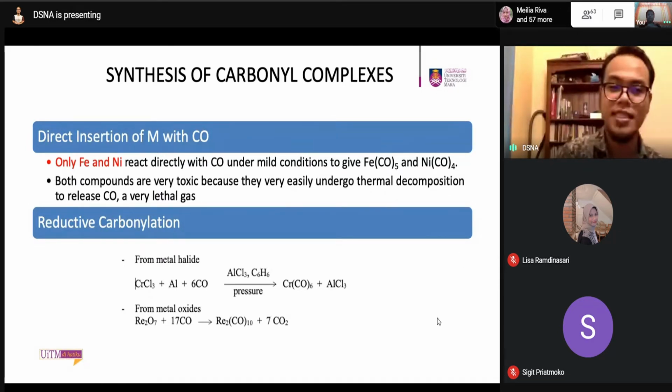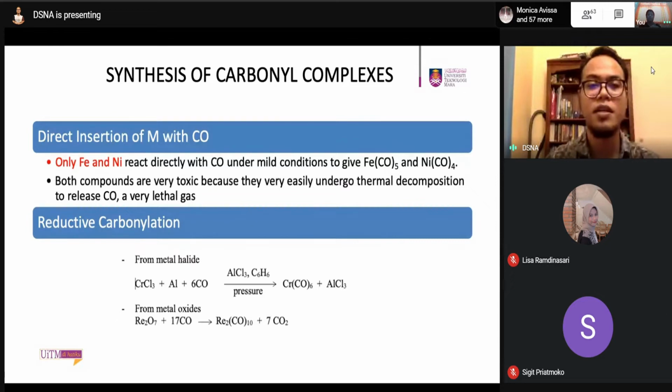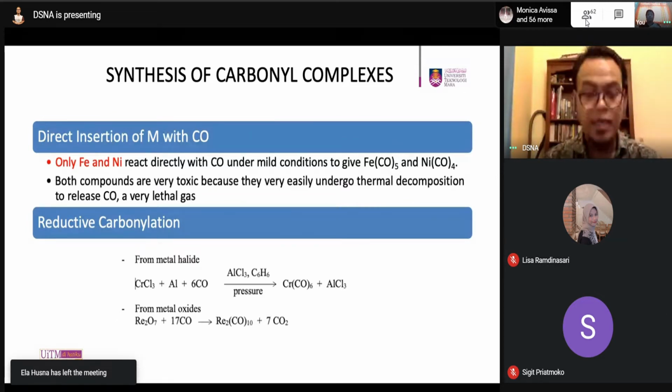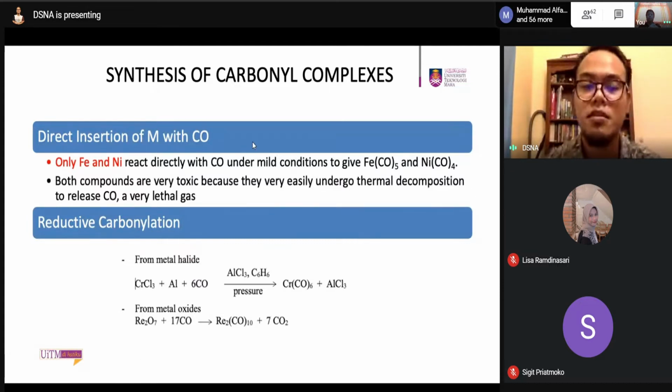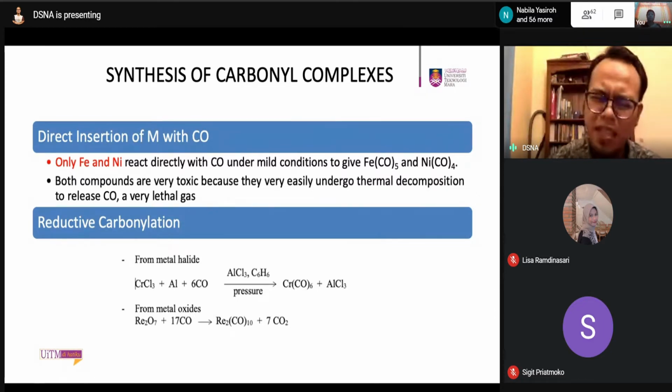Now the first one is direct insertion of metal with carbon monoxide. Only iron and nickel can do this. If you try with something else, like vanadium or scandium, it will be a little bit tricky and tedious. You might not get your carbonyl complexes. But the thing with these compounds is that they are very toxic.